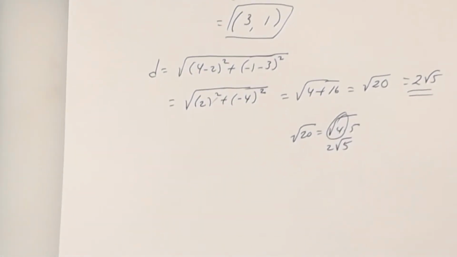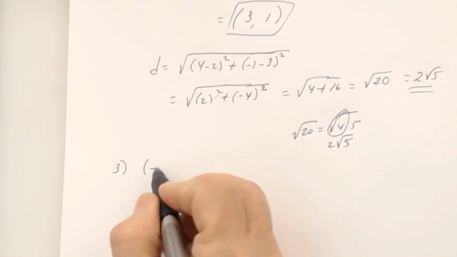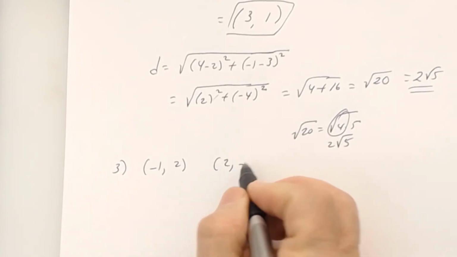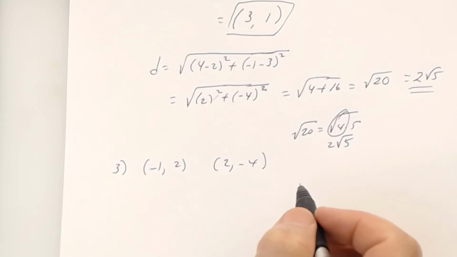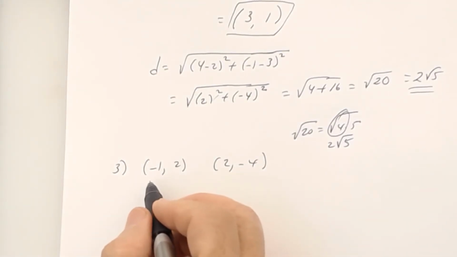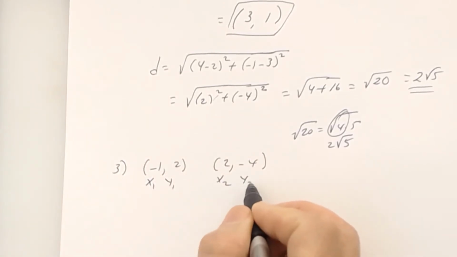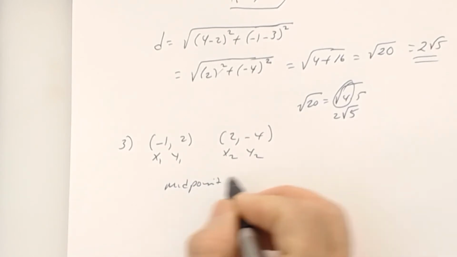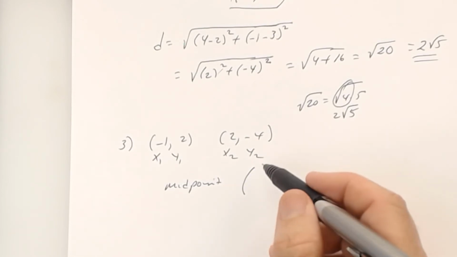Okay? All right, number 3. Suppose you had these, negative 1 comma 2 and 2 comma negative 4. Again, label your points. It does help. x1, y1, x2, y2. So the midpoint, remember the midpoint's a point, so you need the x-coordinate and y-coordinate.